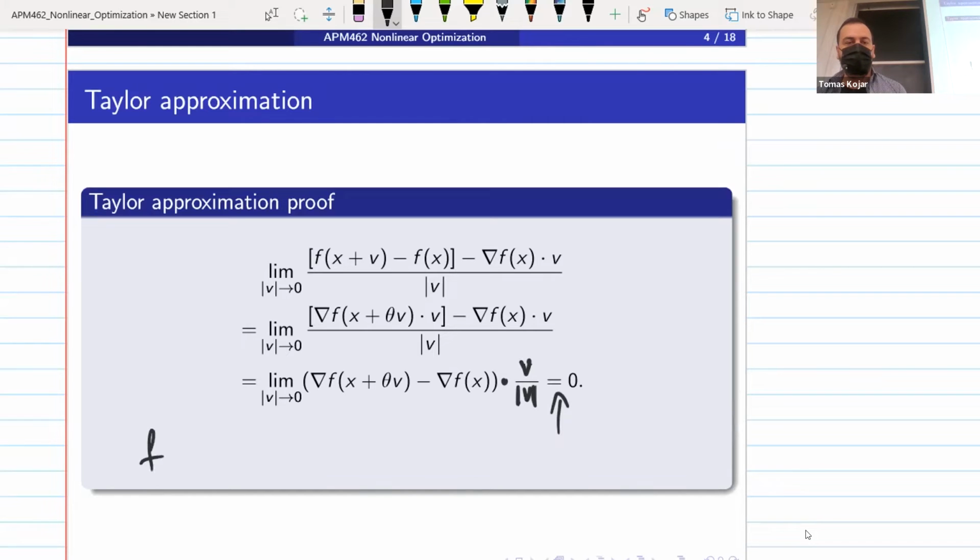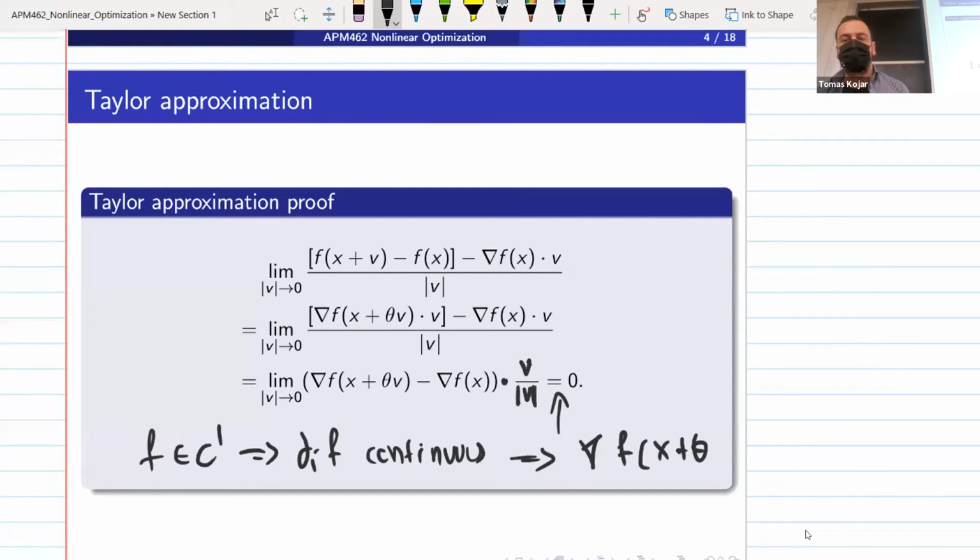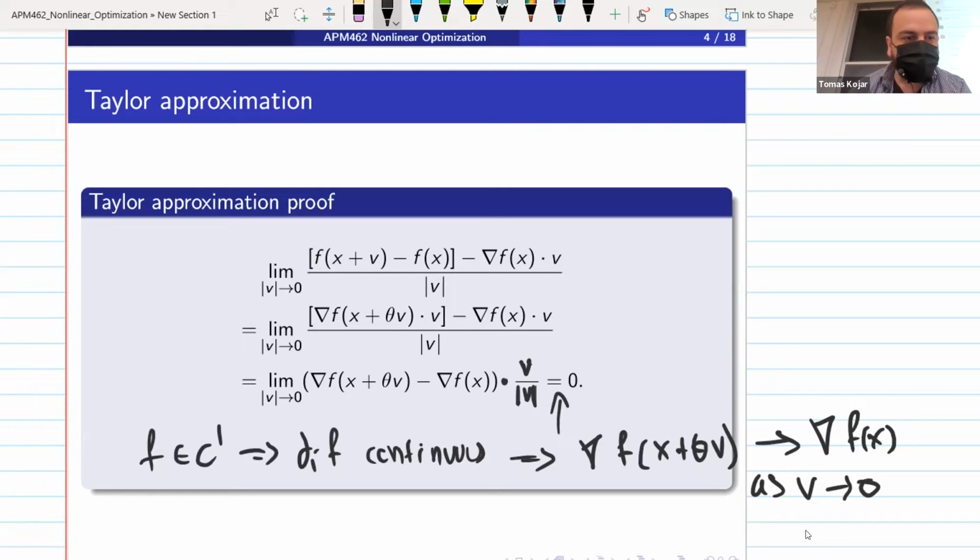So we have that F is C1, which implies that all the partials are continuous. So it implies that the gradient of F at x plus theta v goes to the gradient of F at x as v goes to 0. Okay? That's the definition of continuity. Question? Okay. All right, good.